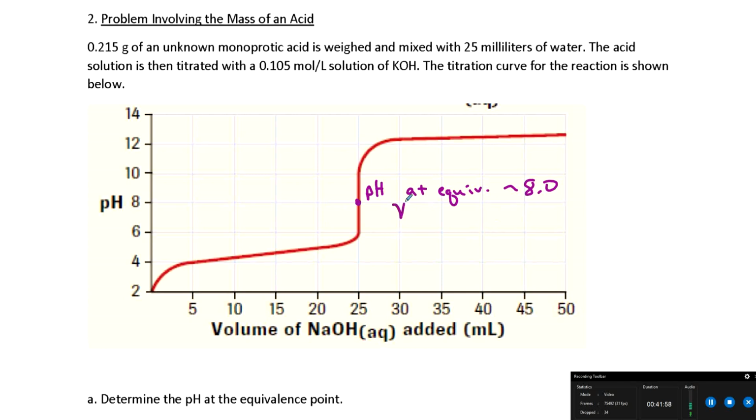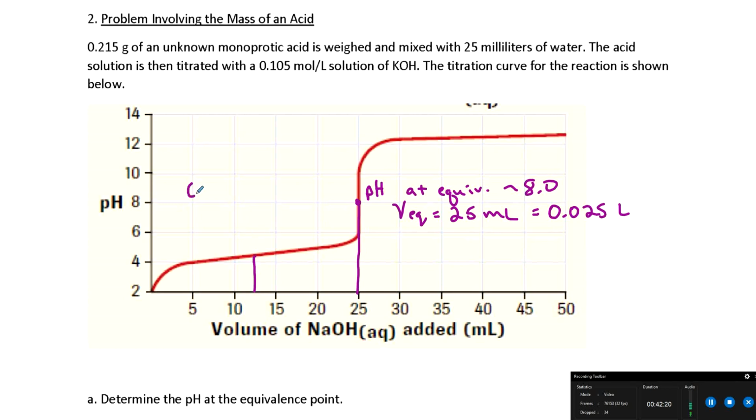The volume at equivalence, if you go down, that one's an easy one to read because it's right on the line, is 25 mL or 0.025 liters. So the halfway point then is half of 25, which would be 12.5.